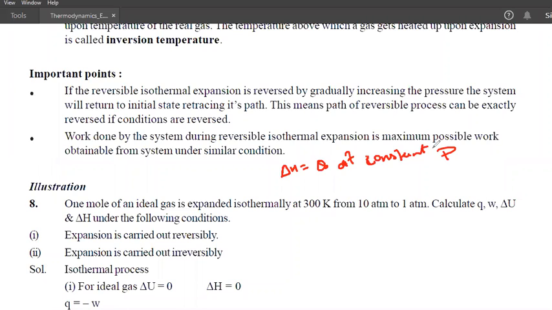Everyone should try problem number 8. This is based on what we studied in the last class.